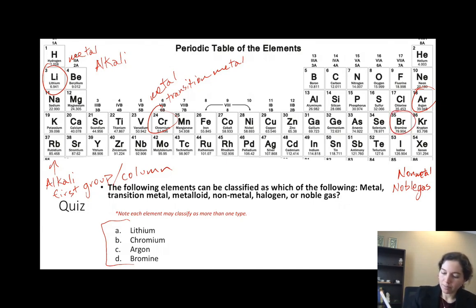Bromine's right here. So this is a nonmetal, and it's a halogen. It is a reactive gas. Okay, so that's that for that quiz.